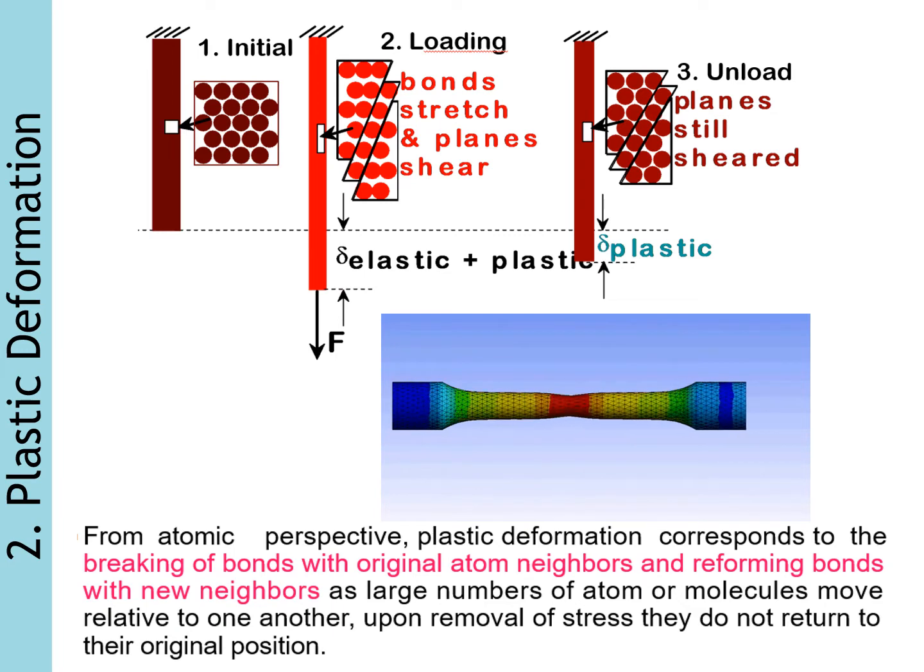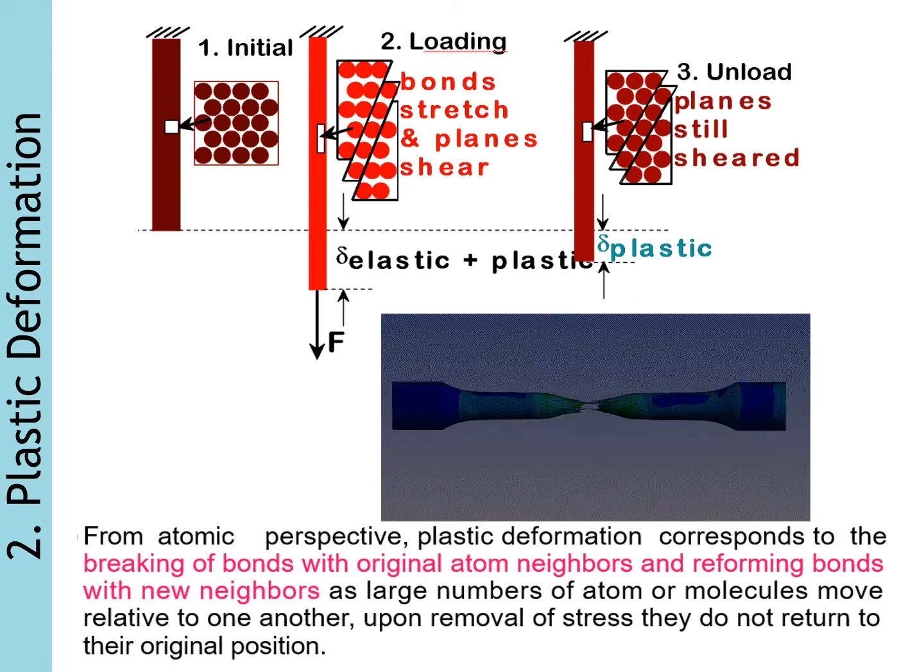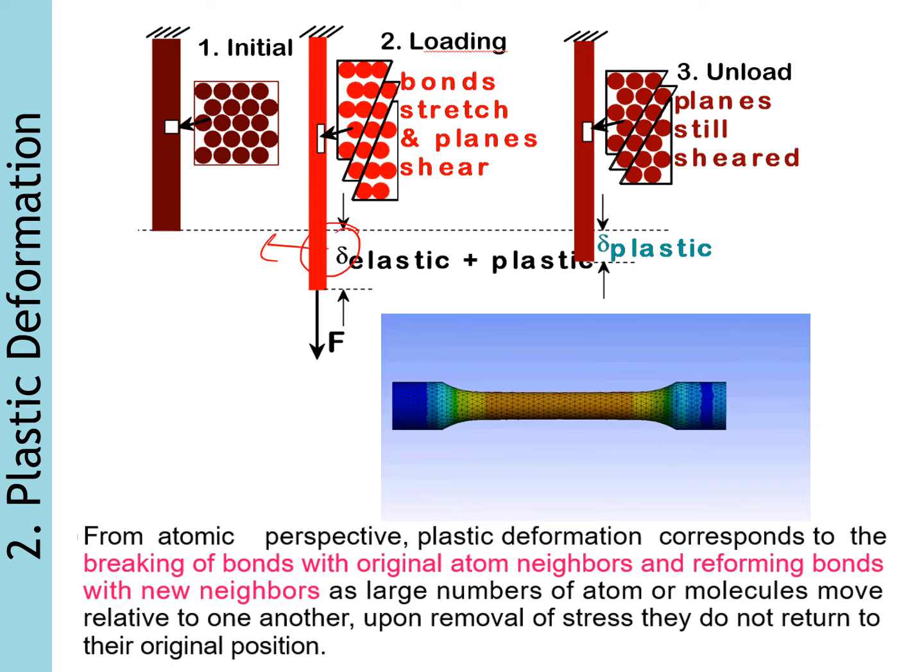By the time it enters the second stage, exceeding the elastic limit, we can see the bond is stretching and the planes start to shear. This is here in terms of the changes of the strain.